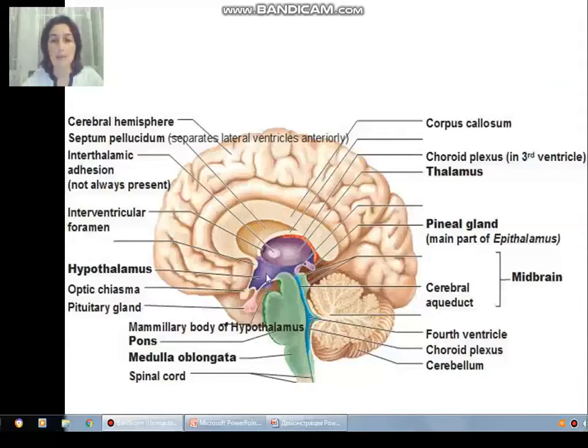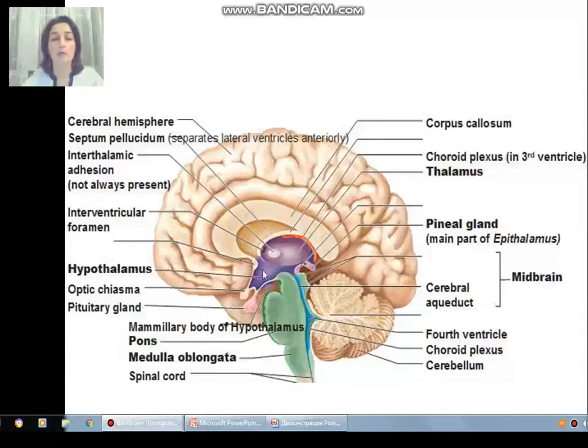The hypothalamus is the center of the endocrine system, and we know that it also controls many functions of the body associated with behavior, body temperature, blood pressure, and it is the thirst and hunger controlling center.